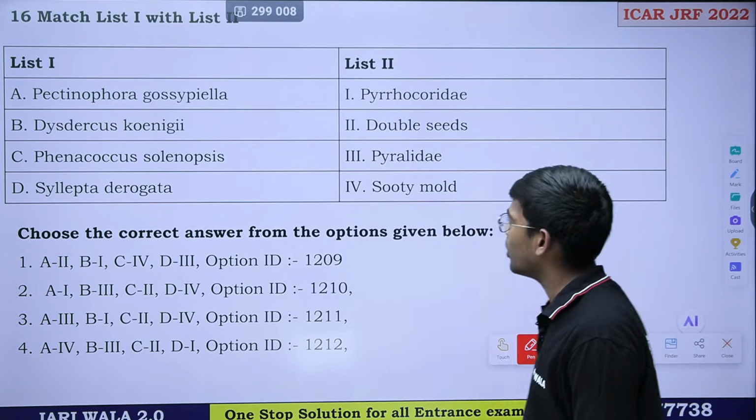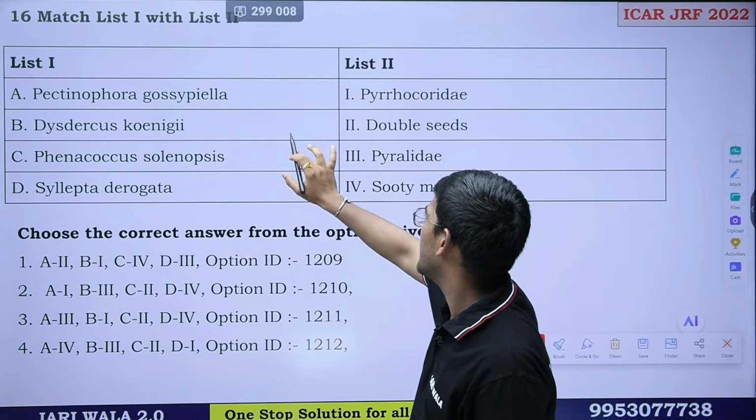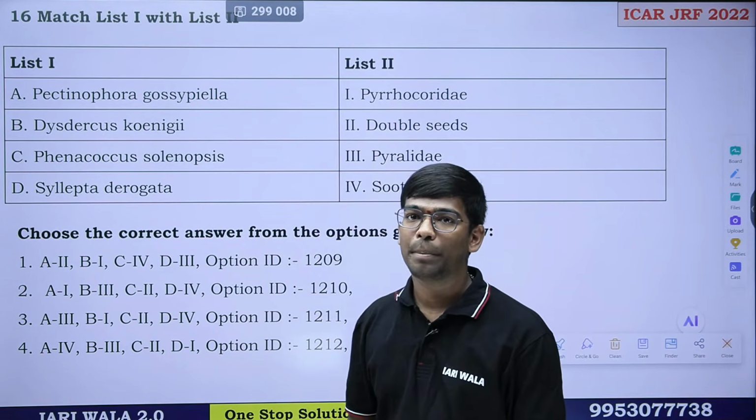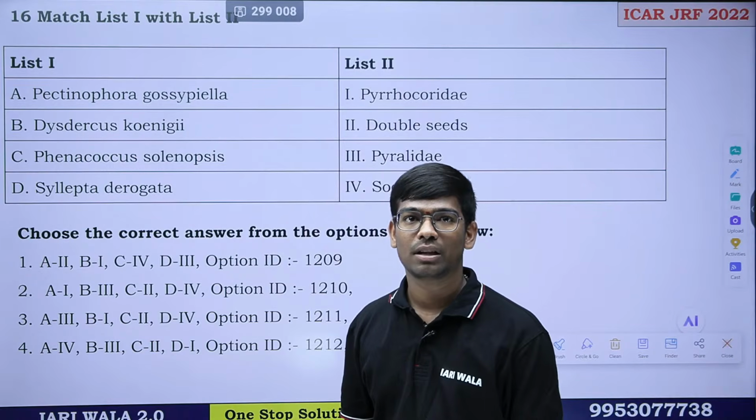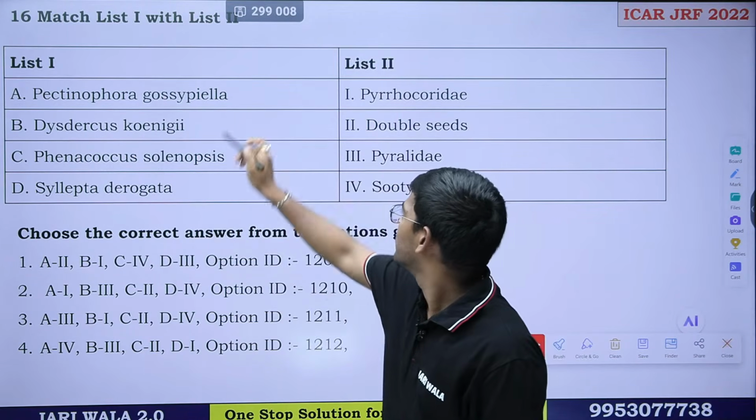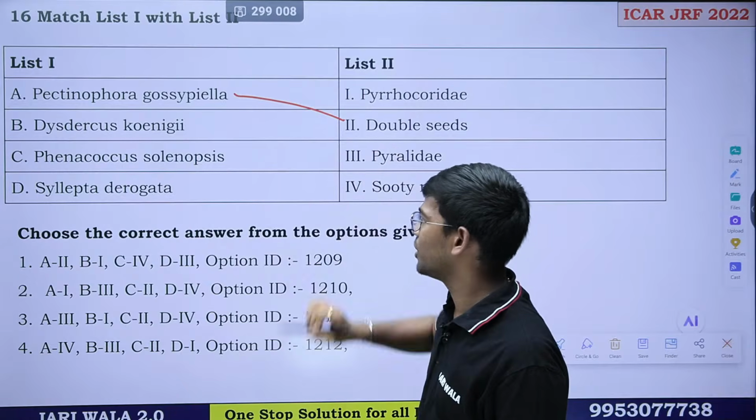Okay, now we will solve this. Pectinophora gossypiella, the cotton pink bollworm, the important symptom is double seed formation. This thing you know.